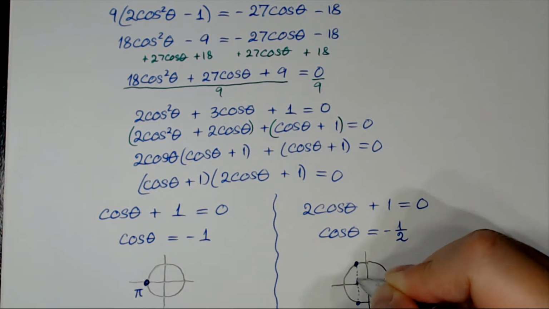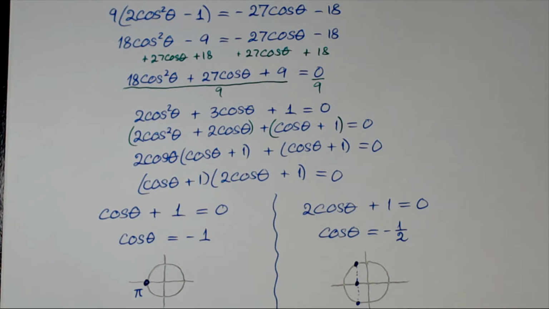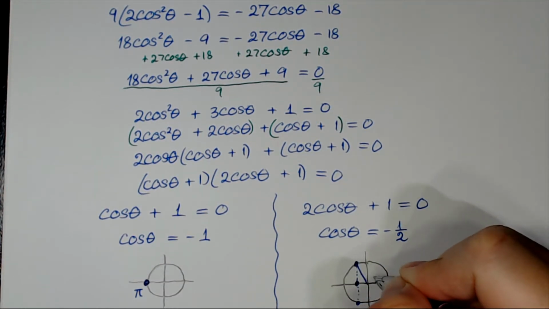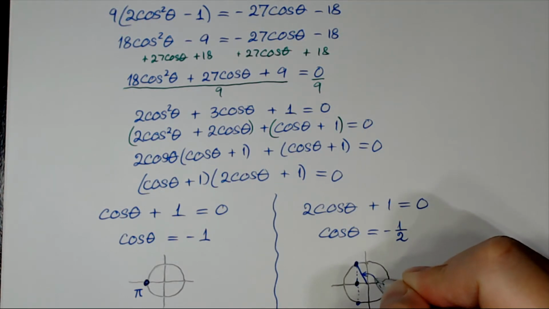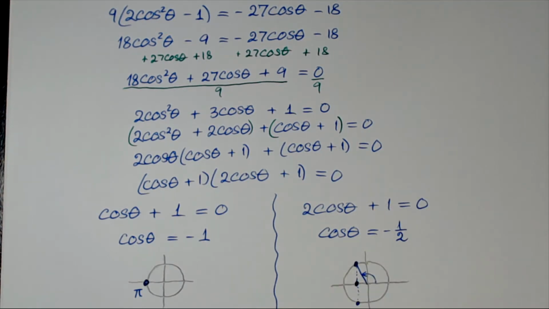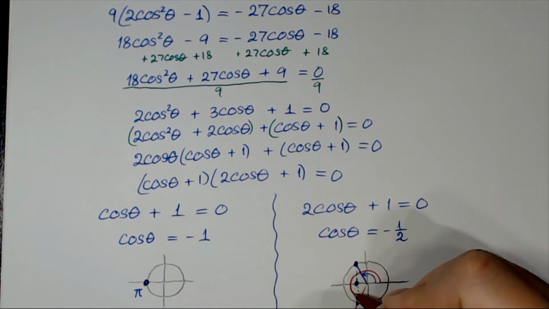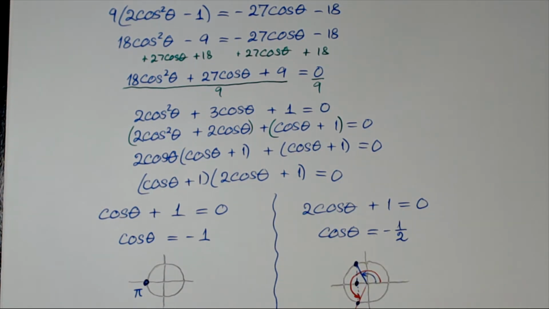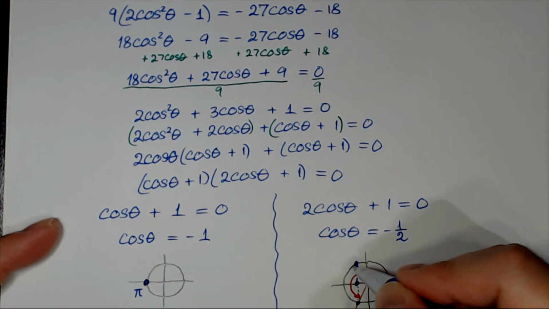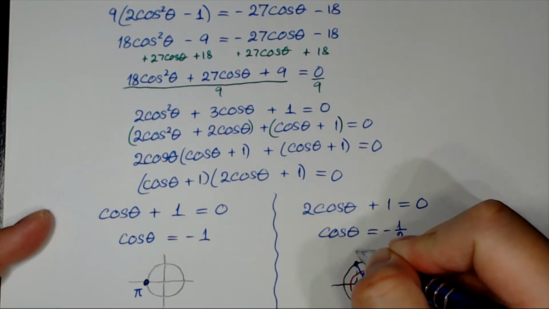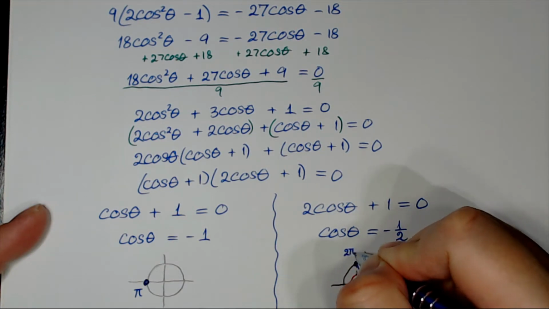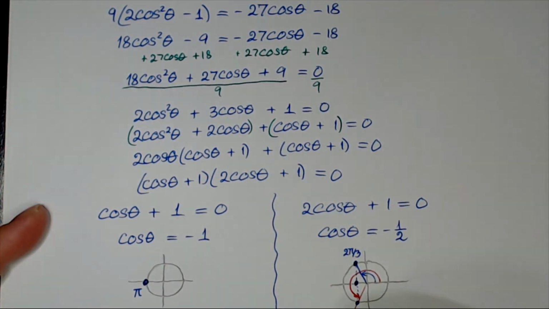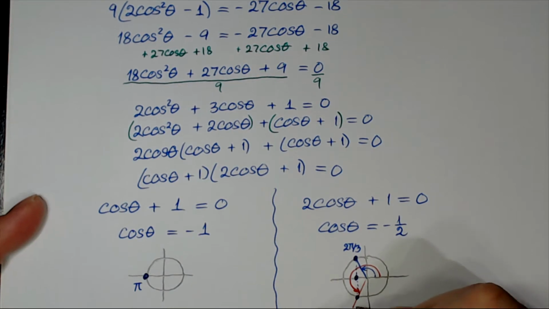All of this is divisible by 9, so we divide everything by 9. So we have 2 cosine squared plus 3 cosine theta plus 1 equal to 0.